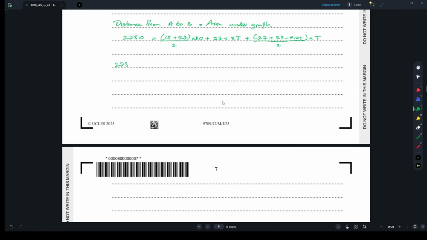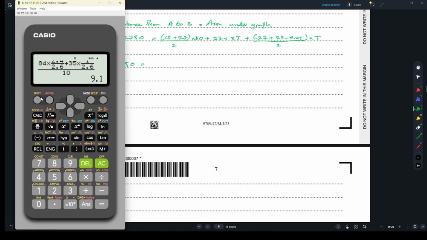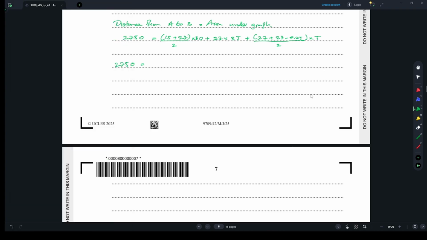I will keep this one as it is, and here we have 15 plus 27 times 30 divided by 2. 27 multiplied by 30 divided by 2 is 15, so we can take 630.